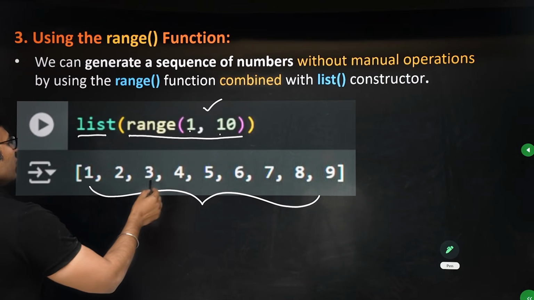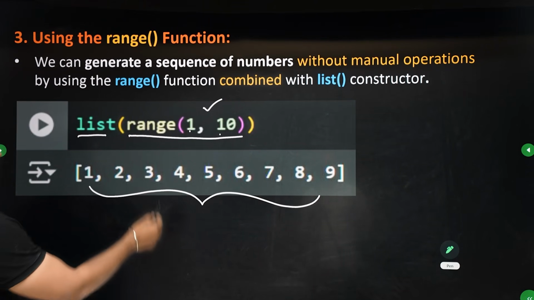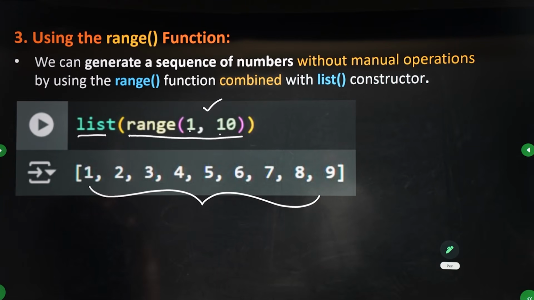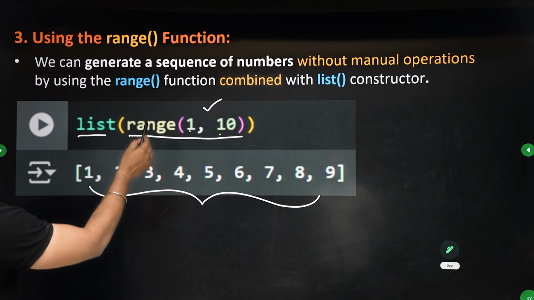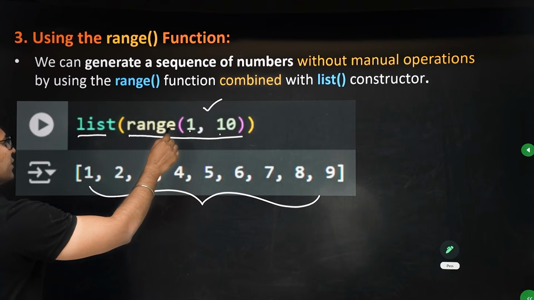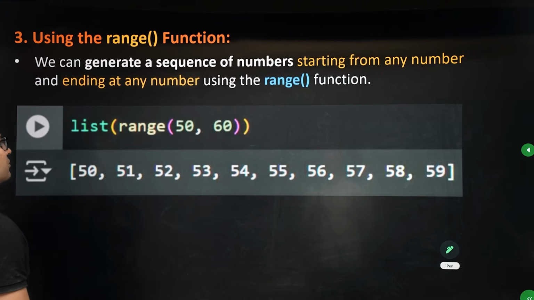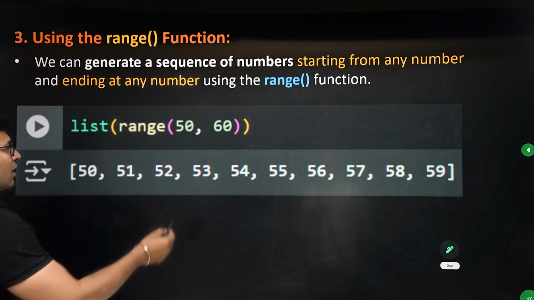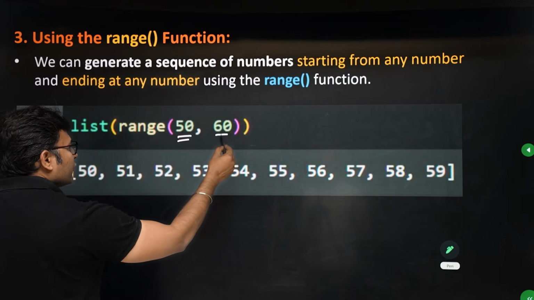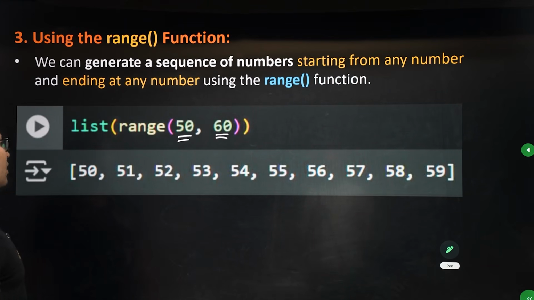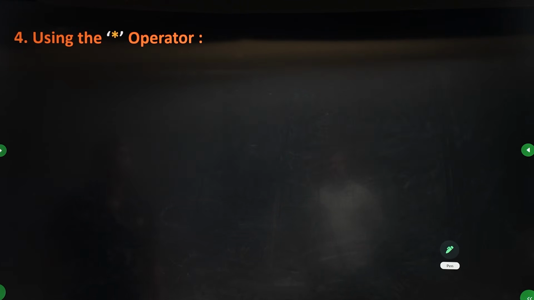So range function is inside the list function, and the range is going from 1 to 10. Therefore, elements 1 to 9 are created. Now you can create any range. For example, if I put range from 50 to 60, then it will create from 50 to 59.